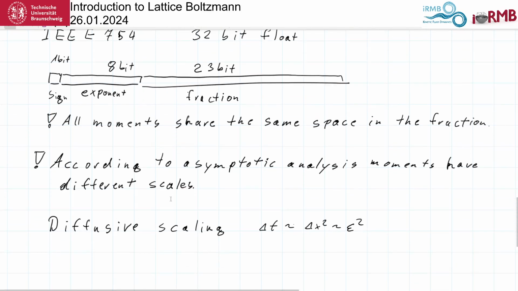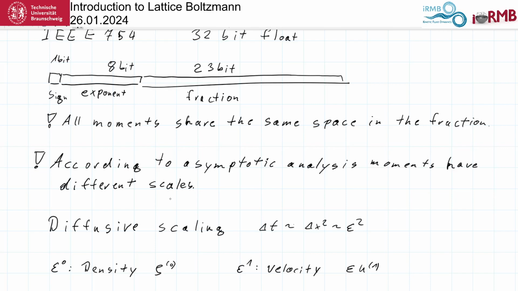Now the different moments come at different scales. At the scale epsilon to the power 0, so order 1 directly, we get the density, rho 0, the zero order. At epsilon to the power of 1, we get the velocity, epsilon u1.